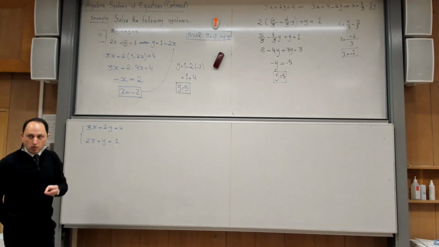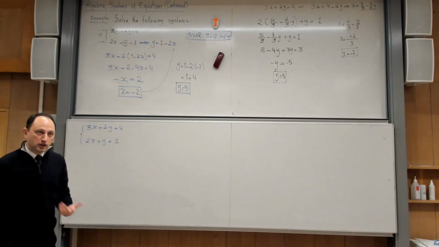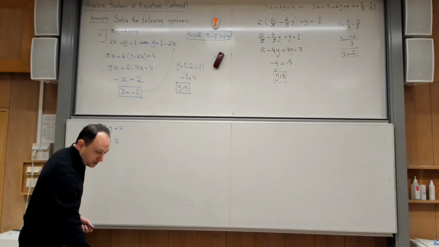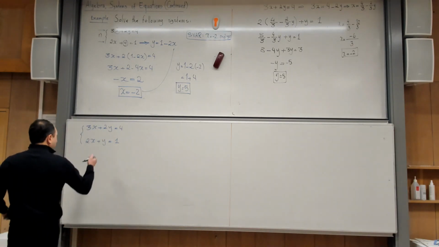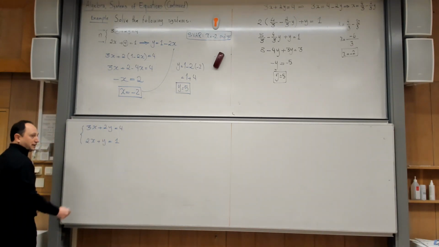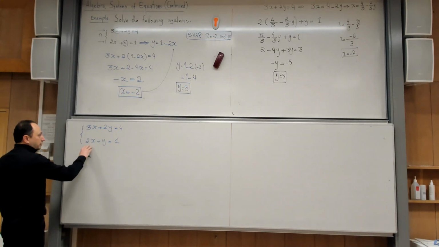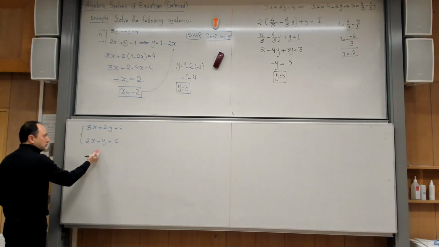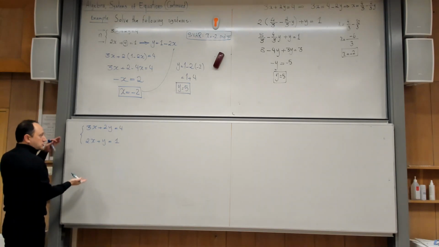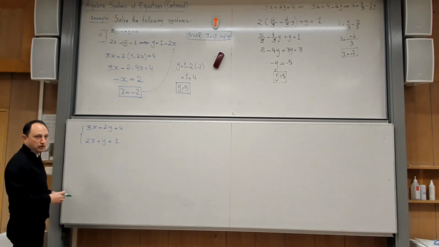Again, I have both x and y. I want to get rid of one of them. So the point here is to rescale one of the equations in a way that the coefficient of one of the variables become opposite to each other, so that when I add them, that one is gone.